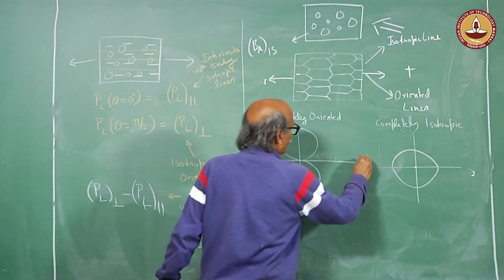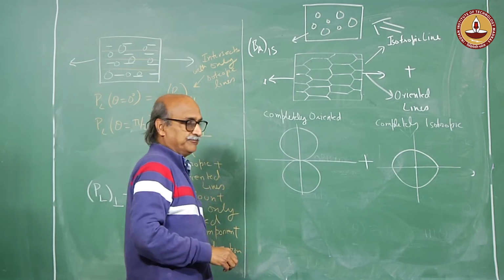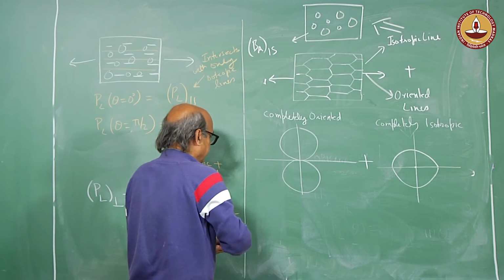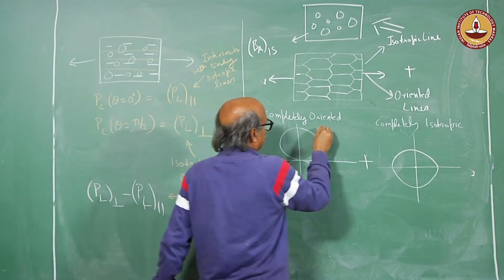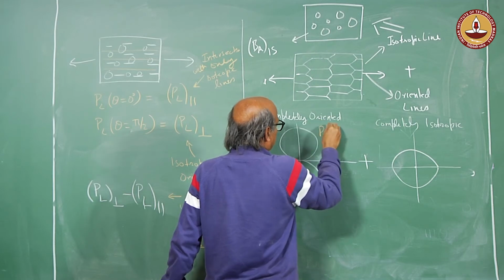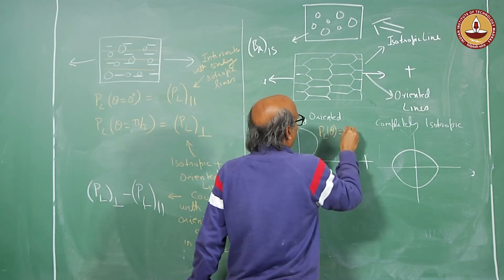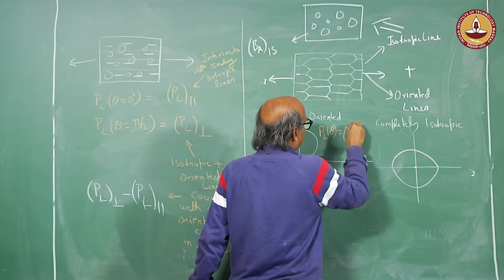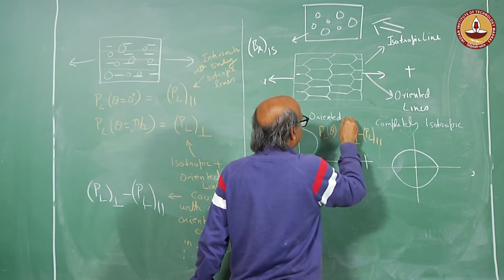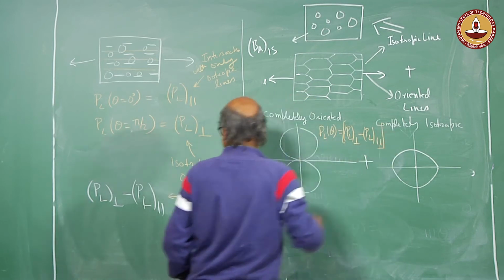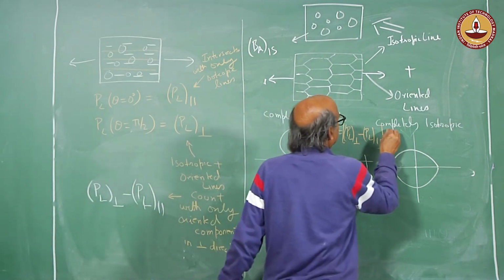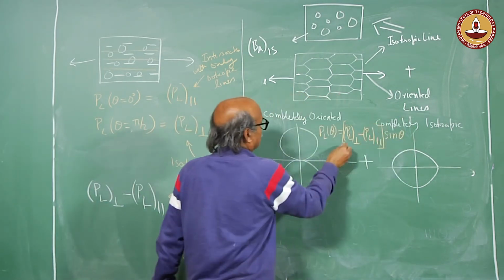I add these two components. So, this one is represented as PL theta equals PL perpendicular minus PL parallel, giving me only the oriented component times sin theta.